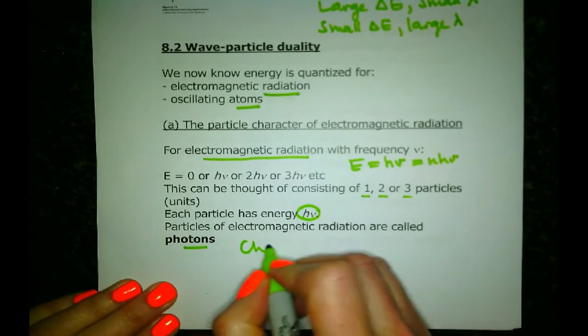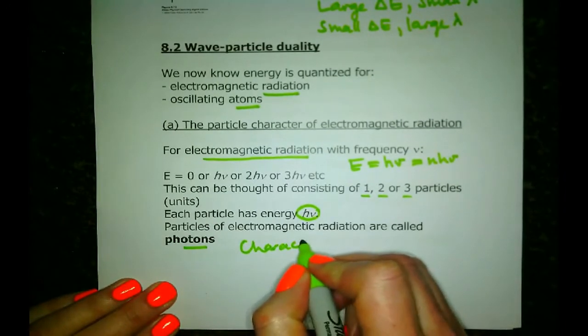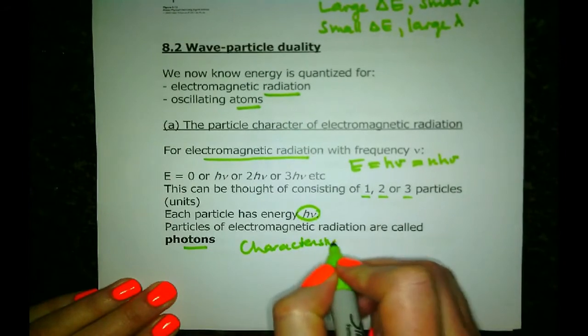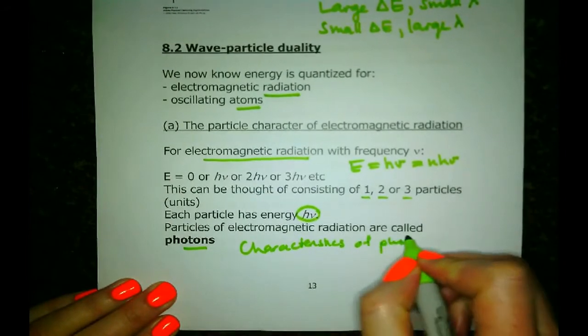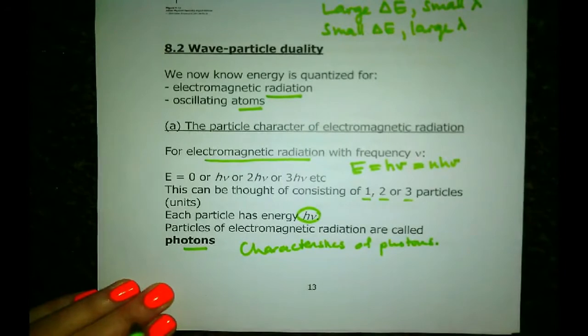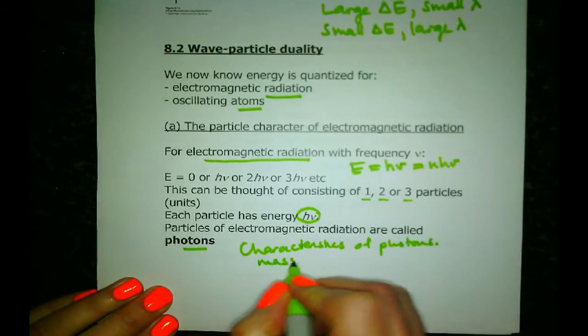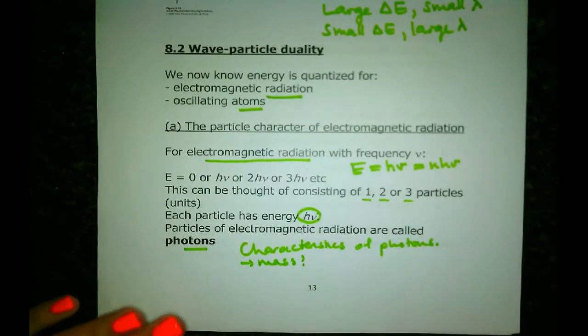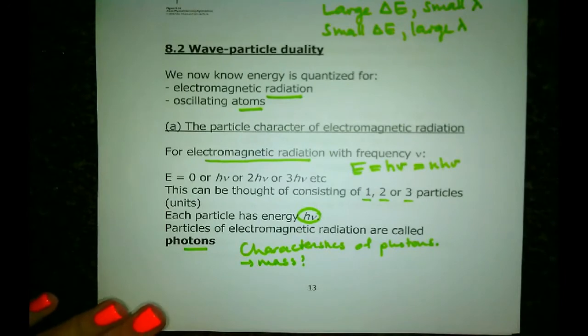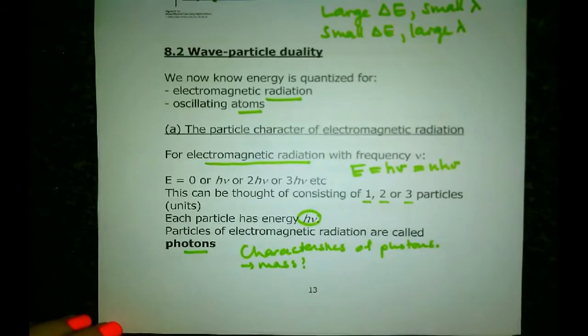So here is some homework. For example, do they have mass? If you are working in the garden outside in the sunshine, do you actually feel the photons hitting you? So think about that question.